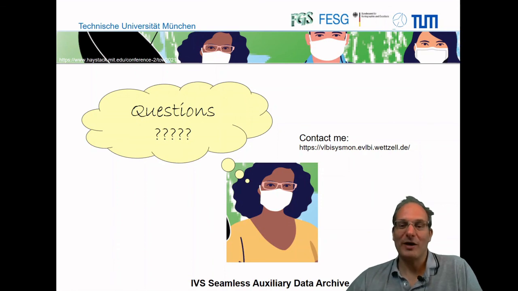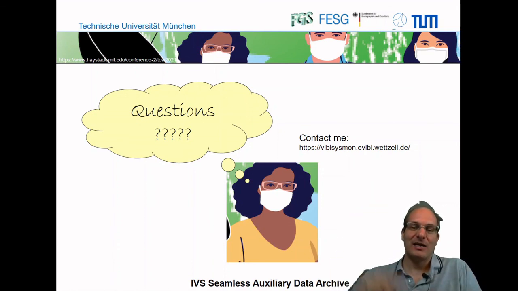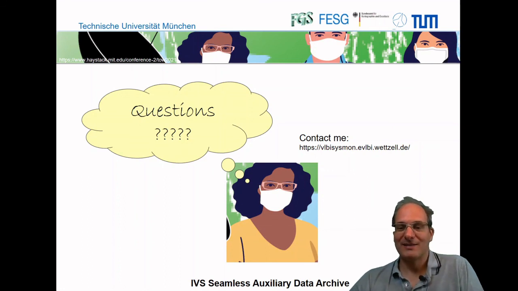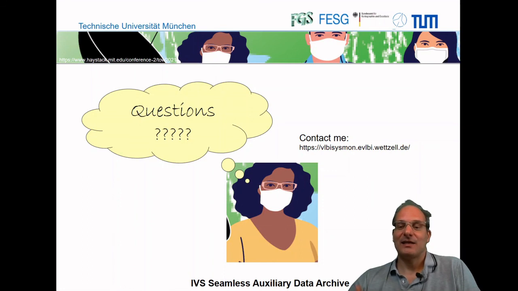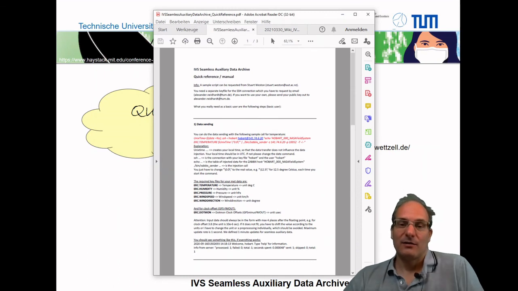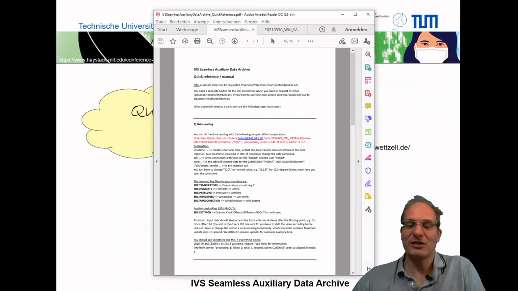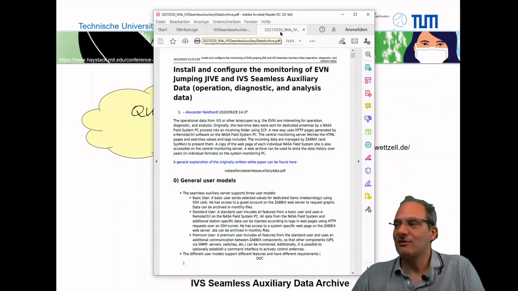Finally, if you have questions, feel free to contact me. You'll find all of the information here on our IVS Seamless Auxiliary Data Archive web server, and there will be also additional information. There is, by the way, a quick reference as PDF, which I can send out, or which will be on the download pages, and it will be also the complete reference with all of the information.